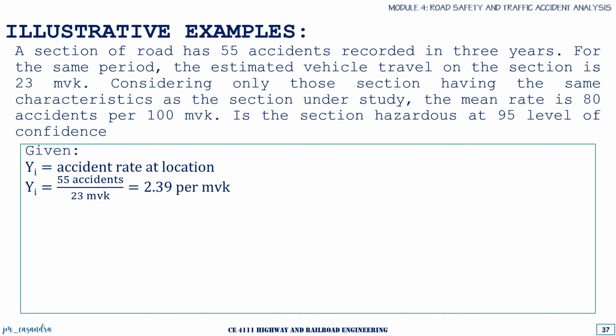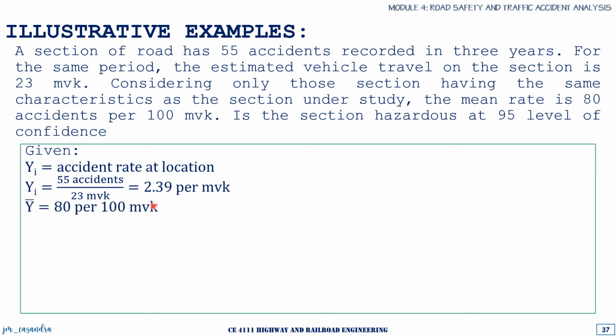So ang rate ang hinahanap, so you have to divide this by the vehicle travel or the volume of vehicles traveling the section. So it will now be 55 divided by 23, which will give us a value of 2.39 accidents per million vehicle kilometer.